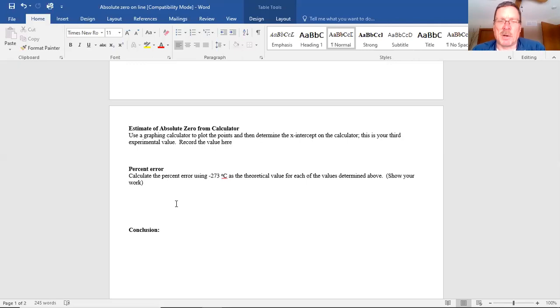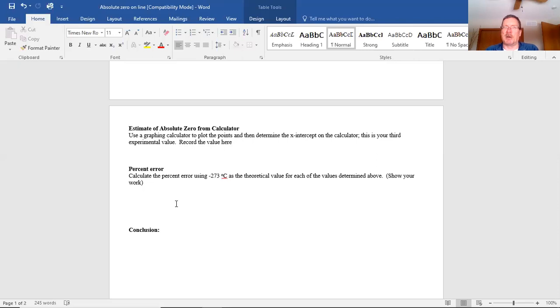And then your final part of that analysis is doing a percent error. And actually you're doing either 2 or 3. We know the actual value is minus 273. The theoretical value is minus 273. The actual or experimental value is going to be what you determine. So you're going to have up to 3 different percent errors.